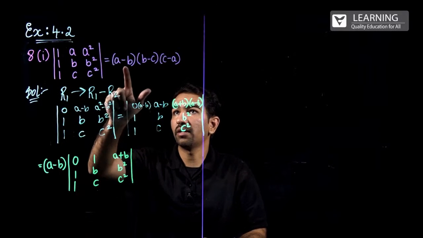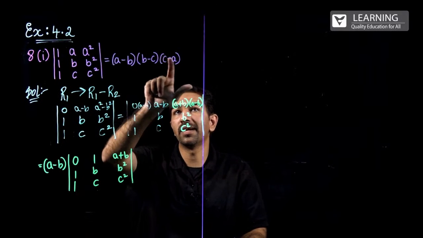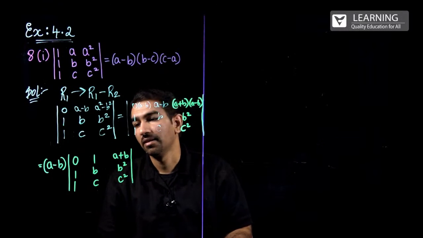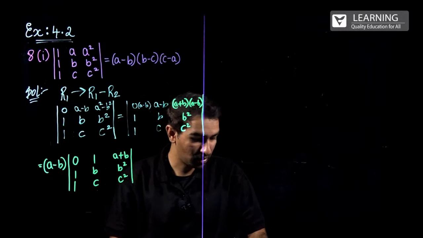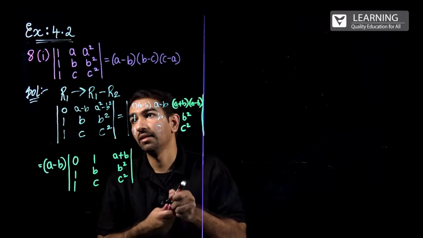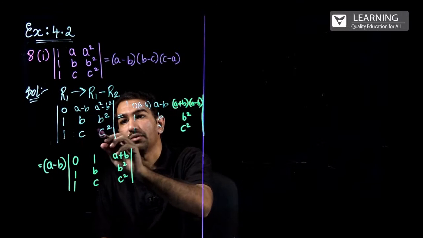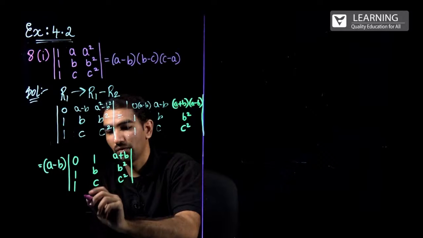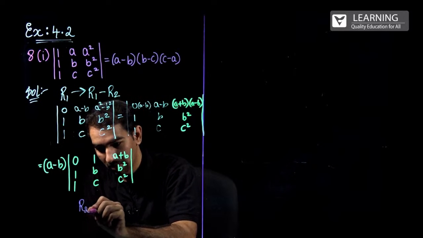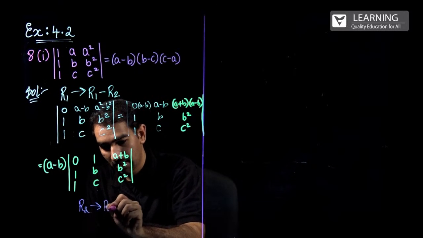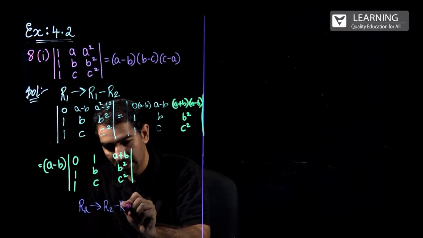So a minus b we got, next we have to get b minus c, similarly we have to get c minus a. So what is the next operation we are going to conduct here is, R1 we operated, right? So for b and c, we'll write R2 is equal to R2 minus R3.